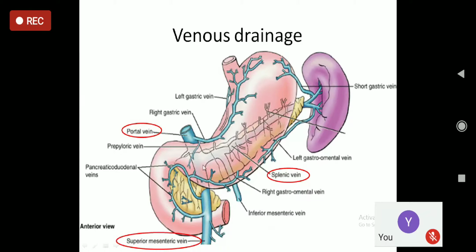So remember, they are the formative tributaries of the portal vein. If someone asks you how the portal vein is formed, it is formed by the union of the splenic vein and superior mesenteric vein, while the inferior mesenteric vein also drains into the splenic vein. So this is about the venous drainage of the stomach.